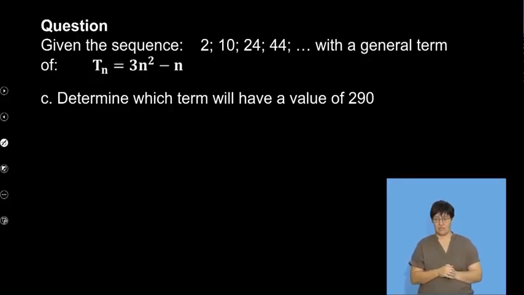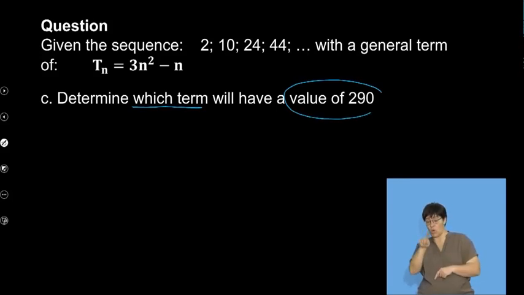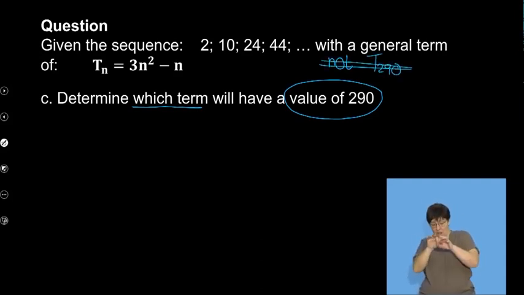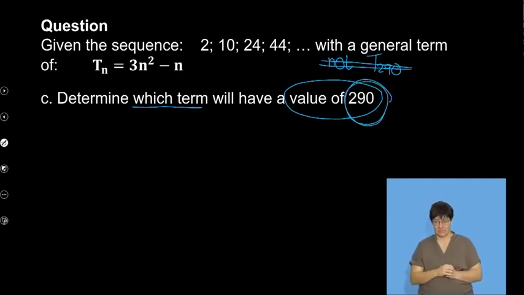So C asks us to determine which term will have a value of 290. This is not the 290th term. I want to know which term number has a value of 290.